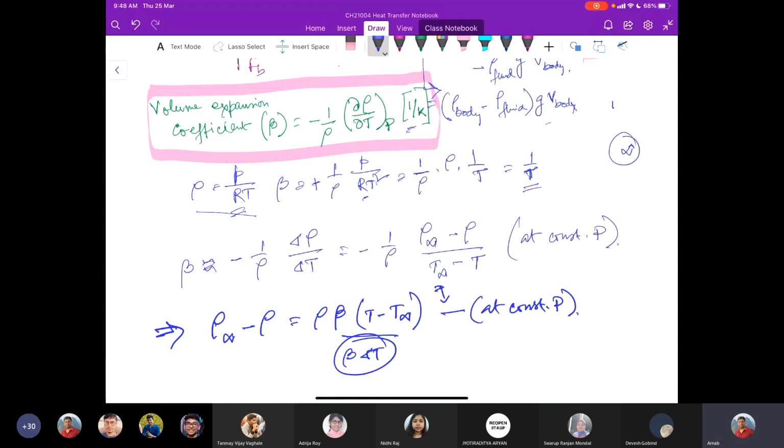But it is still lesser, since no blower, no fan, or externally controlled devices or drives are being used. So it would still be lesser than the forced convection coefficients.